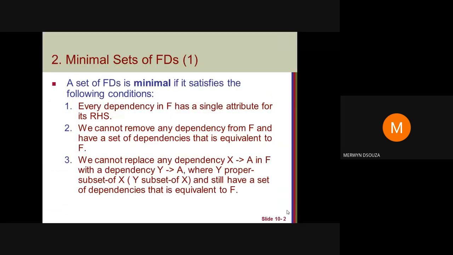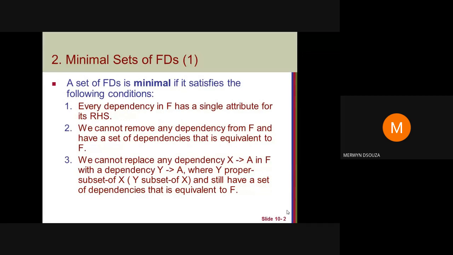So basically, what's the definition of a minimal set of functional dependencies? A set of functional dependencies is minimal if it satisfies the following conditions. The first condition: every dependency in F has a single attribute for its right hand side.